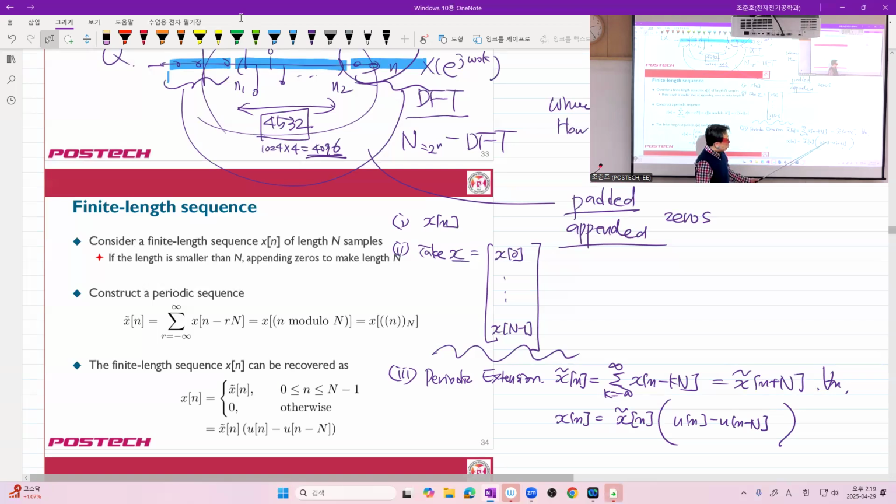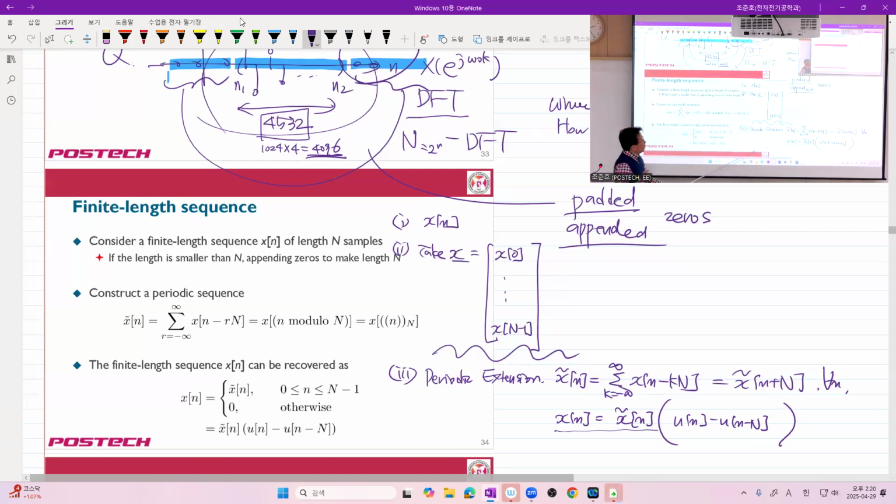If the argument of the function is greater than or equal to 0, non-negative, then it becomes 1. So if you sketch this one, it has how many ones? Capital N ones from 0 to capital N minus 1. Got it? Anyway, so this way, you can get x of n back.